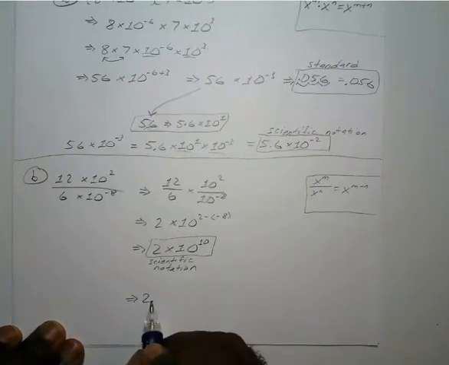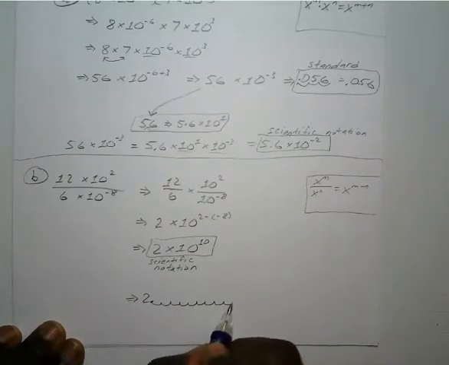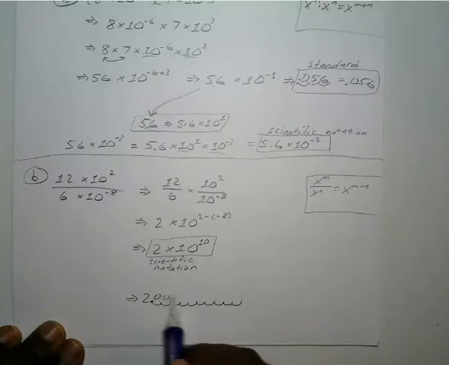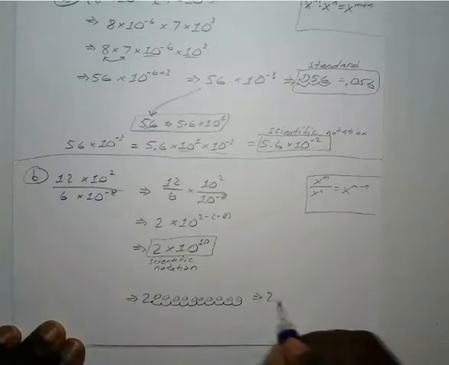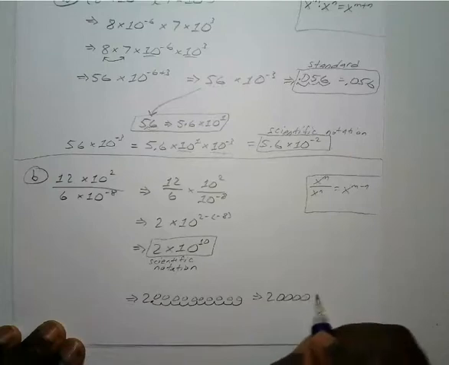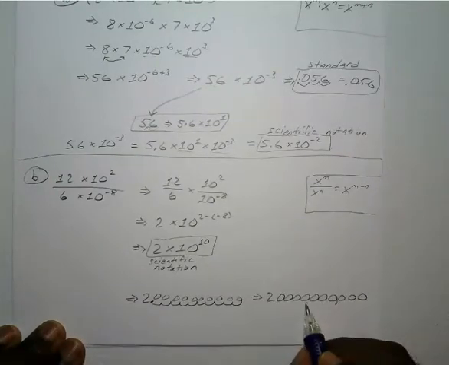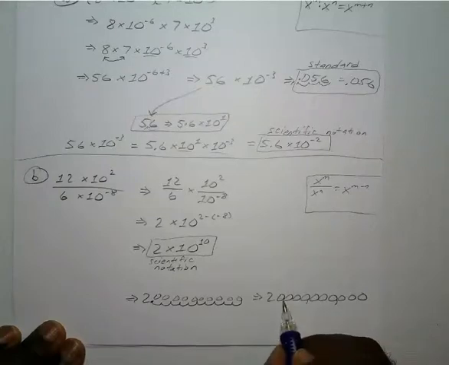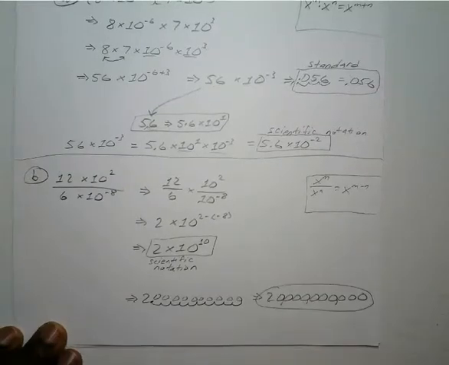So you have 1, 2, 3, 4, 5, 6, 7, 8, 9, 10, and fill those with zeros. So this would be our standard value. 20 trillion.